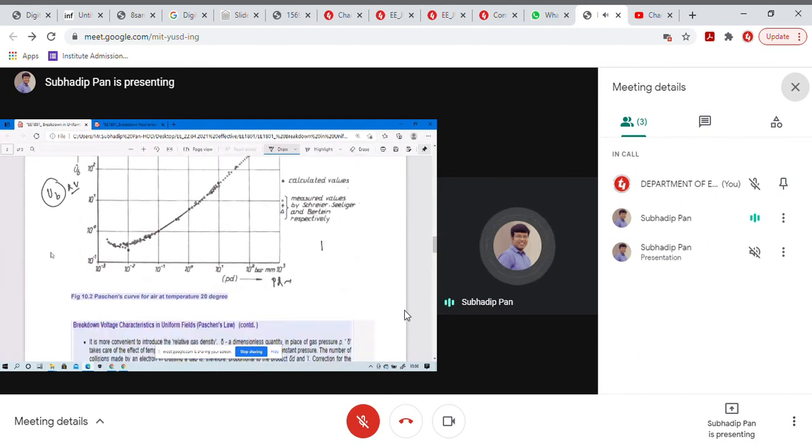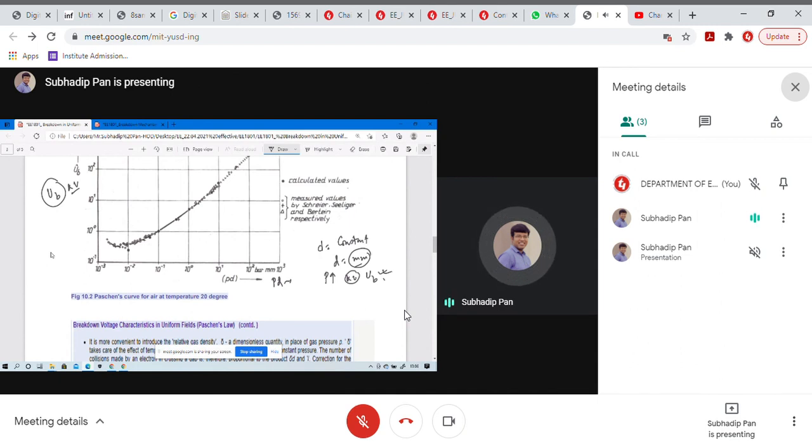Okay, so if your D will be constant, because we are considering the distance between these particular electrodes to be very minimum, then depending on the values of the pressure, your kV rating, that means your breakdown voltage, will vary.